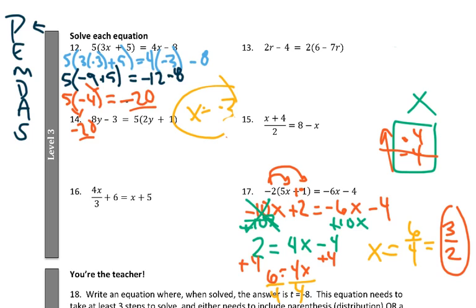Okay, and, well, I said I wasn't going to do it. Let's do it really fast. 6 over 4, both the top and the bottom of that can be divided by 2. So 6 divided by 2 is 3, and 4 divided by 2 is 2. So that's how I got that number there. Just a really quick refresher.